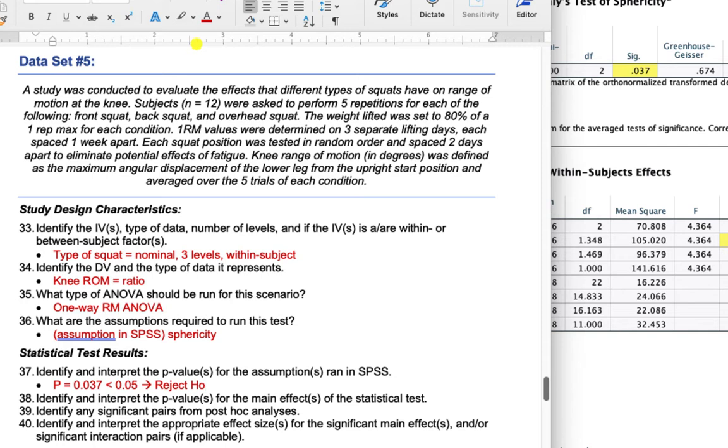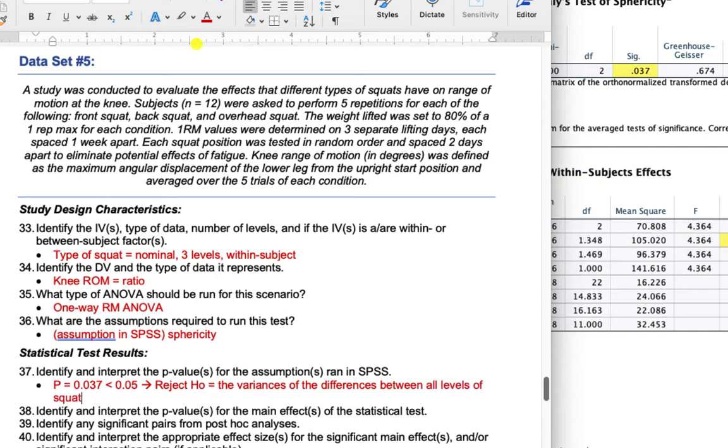So we reject the null hypothesis, and we would say that the variances of the differences between all levels of squats, or all types of squats, are not equal, so that means we have a violation.